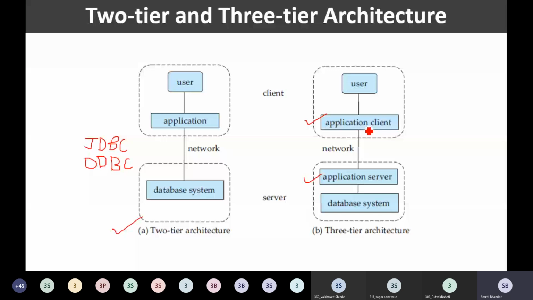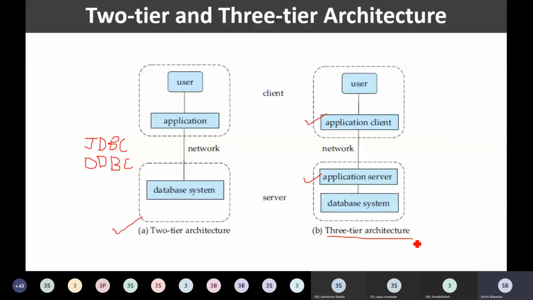So this is the way the three-tier architecture works. And these three-tier applications are more appropriate for large enterprises, for building large applications. For example, web applications make use of the three-tier architecture.